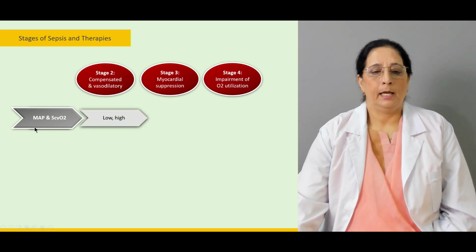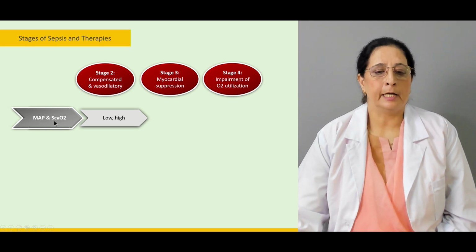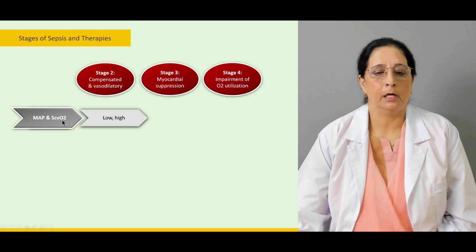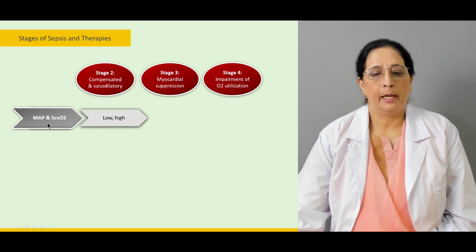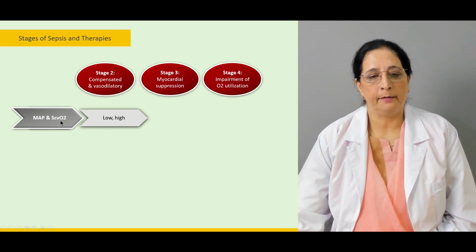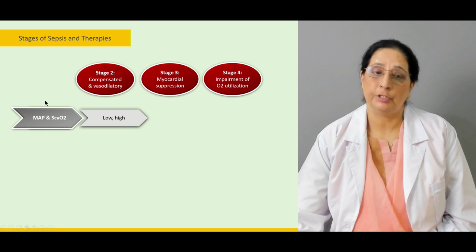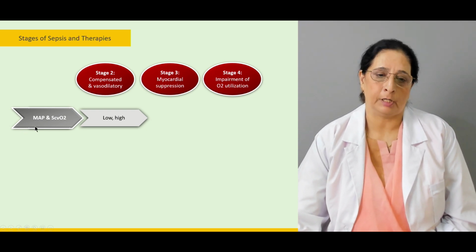In this, we have arterial pressure and central venous oxygen saturation, low and high. MAP is mean arterial pressure.